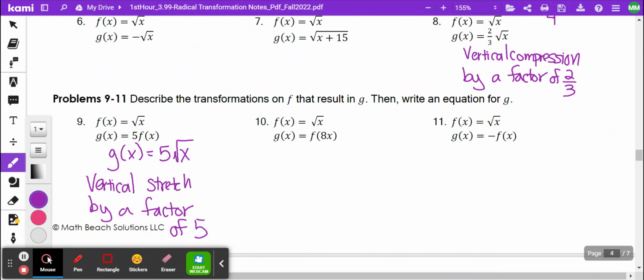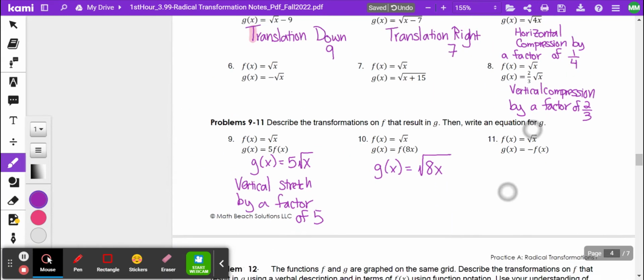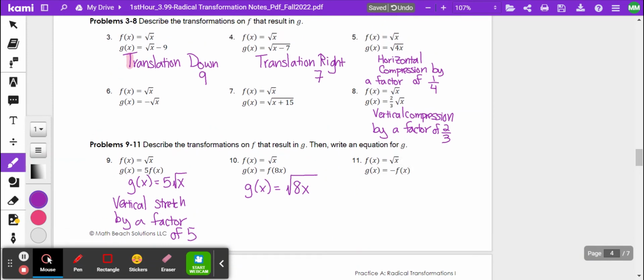So this will be g of x equals the square root of 8x. And this one is similar to number 5, where it's a horizontal compression by a factor of, and you're going to put it 1 over that number, so 1 over 8.